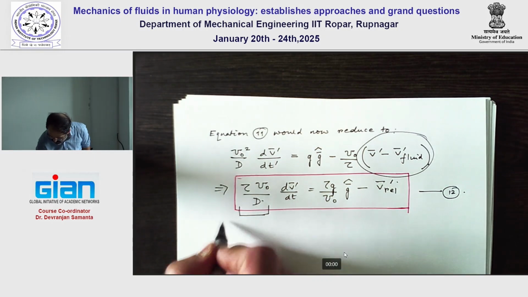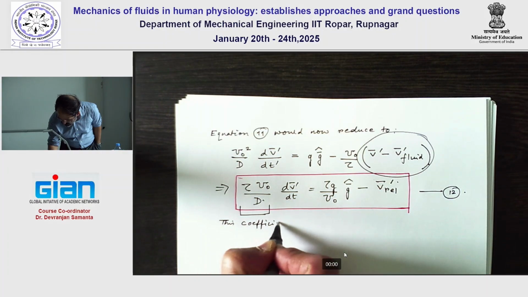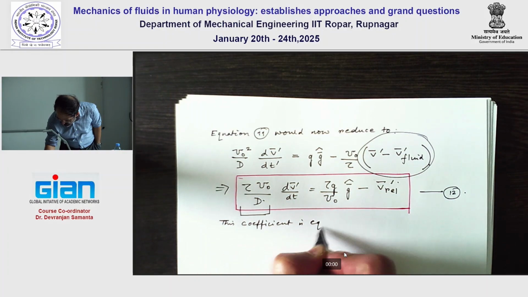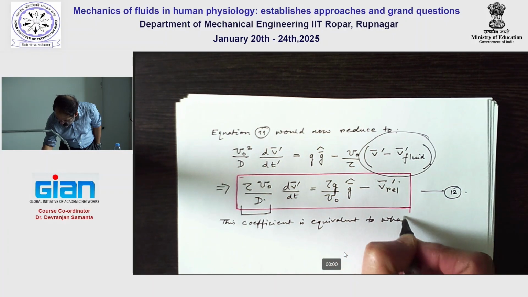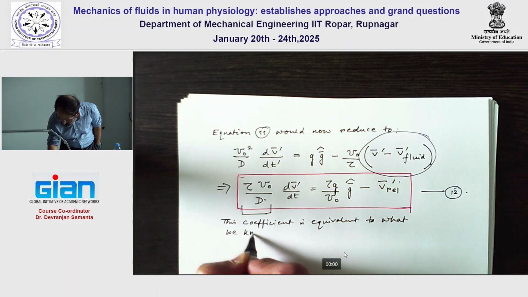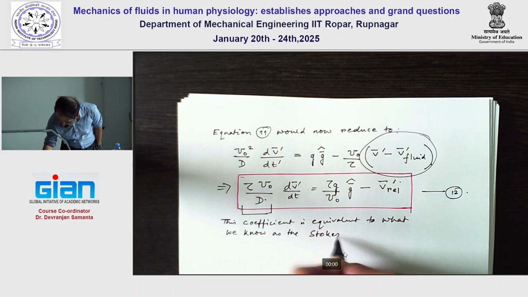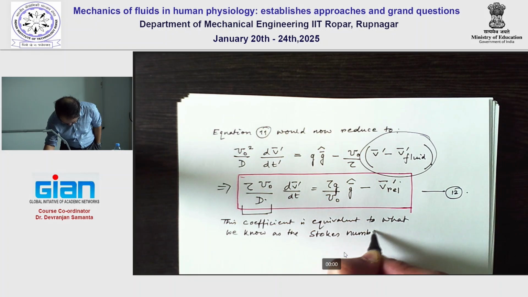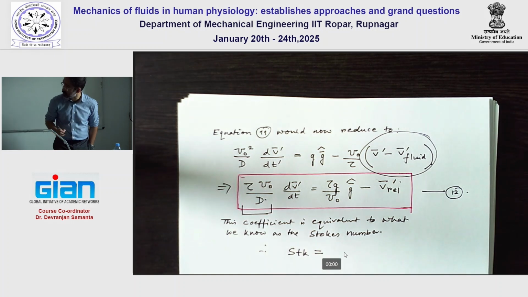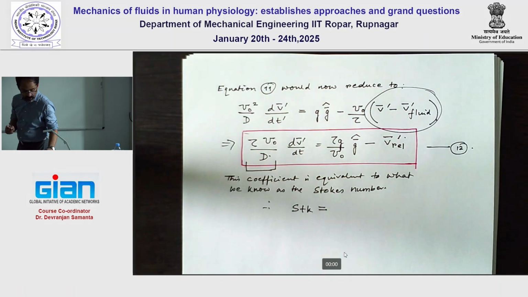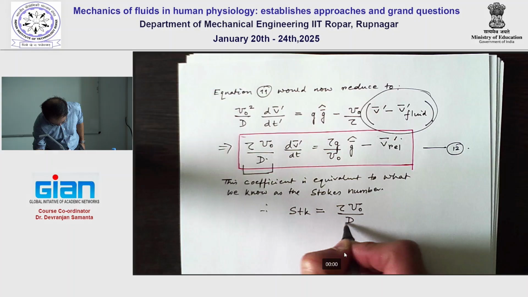So this coefficient is equivalent to what we know as the Stokes number. So I'm going to write Stokes number as STK to distinguish it from other numbers. So STK is tau U naught over D.